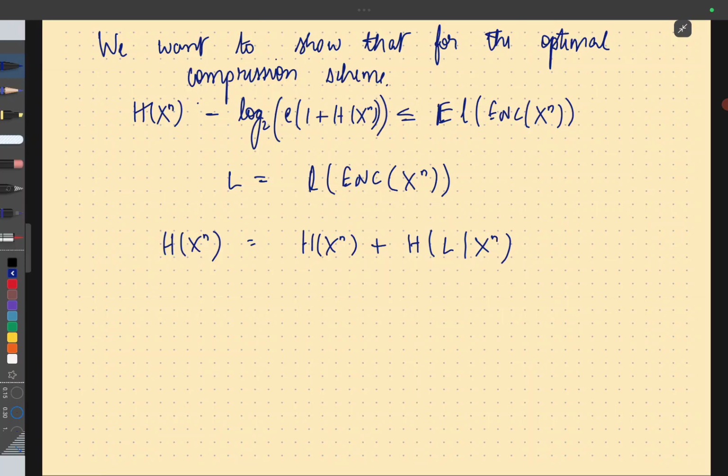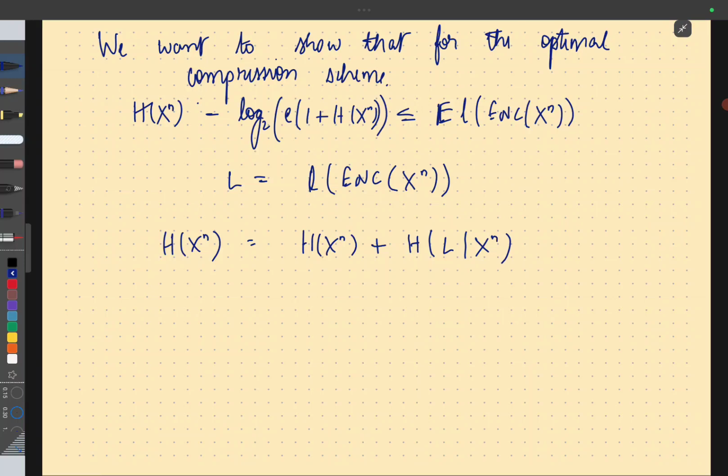Because that is 0, right? H of L given X^n. Why is it equal to 0? Given X^n, you know what the length was because you're following the optimal scheme. Correct. So, I mean, it's not just for the optimal scheme. For any scheme, given X^n, you know exactly what the encoder does because that's a deterministic function.